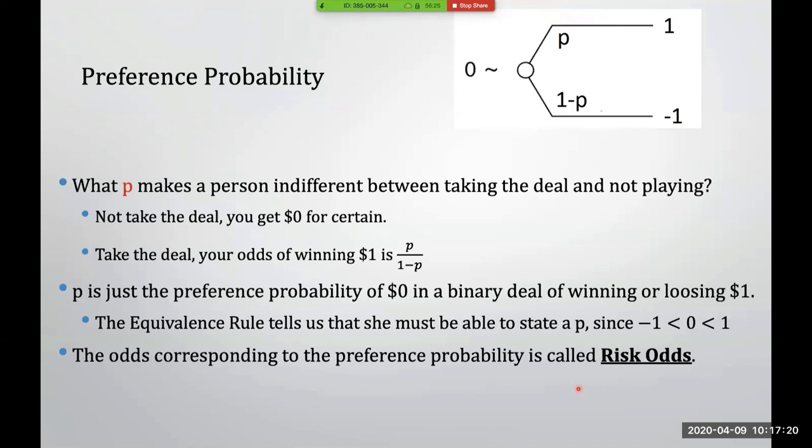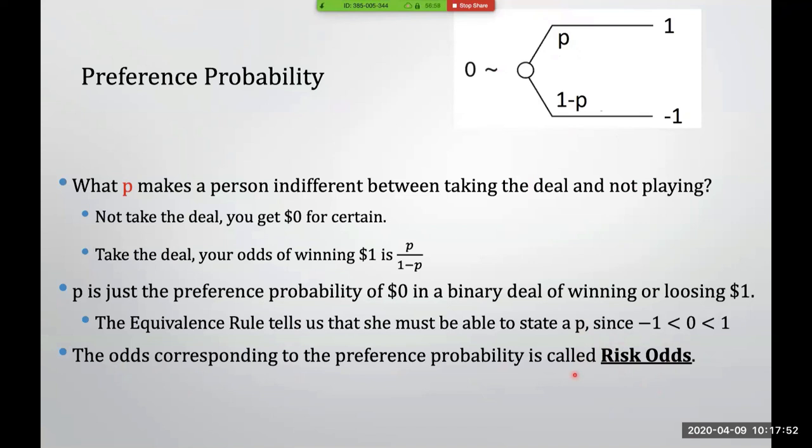So risk odds refers to the odds that corresponds to the preference probability. I want you to look at this definition of risk odds long and carefully. Risk odds has in it an equivalent relationship. It is referring to the specific odds that corresponds to the indifference probabilities.